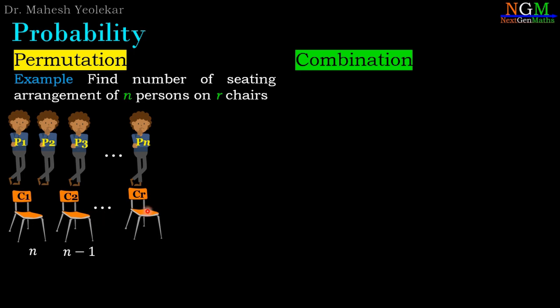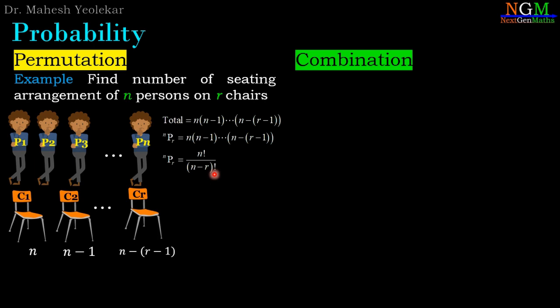Similarly, for the r-th chair, we have n minus (r minus 1) possibilities. Therefore, the total number of possible sitting arrangements is n into n minus 1 up to n minus (r minus 1). It is written as nPr, the arrangement of n persons on r chairs. It can be written in the form of factorials: n factorial divided by (n minus r) factorial.